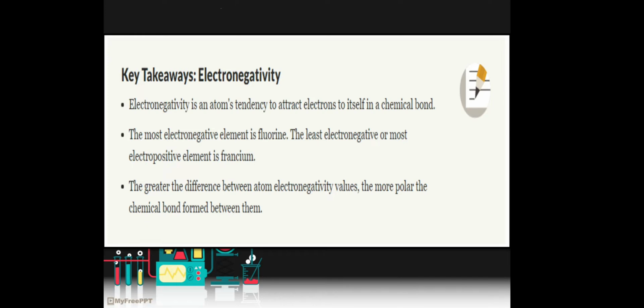It cannot attract the other elements because it has the least electronegativity. The greater the difference between the atoms' electronegativity values, the more polar the chemical bond formed between them. So we will be discussing that furthermore in the next slide.